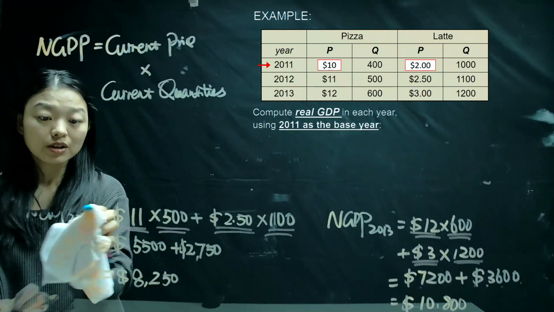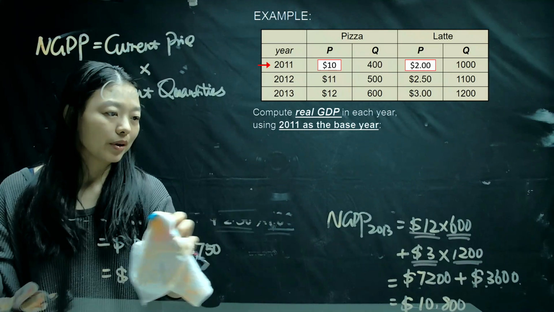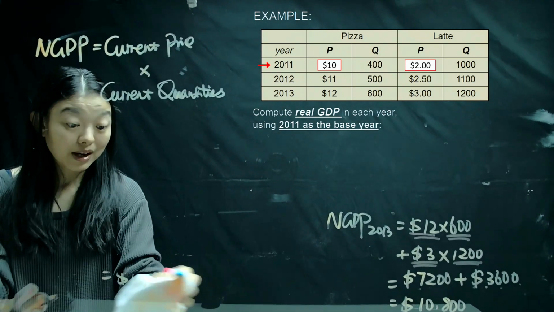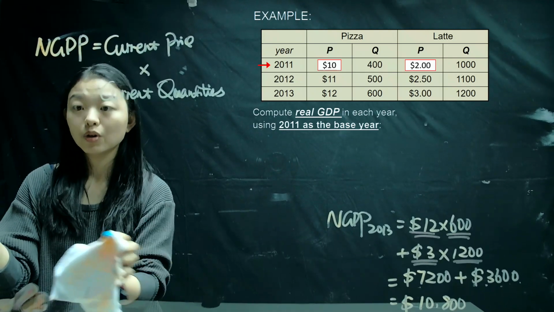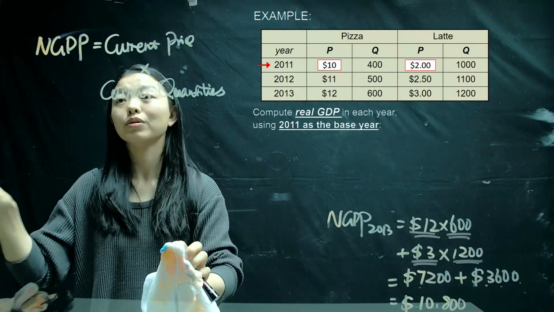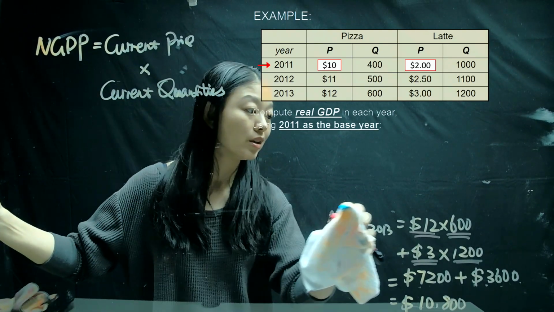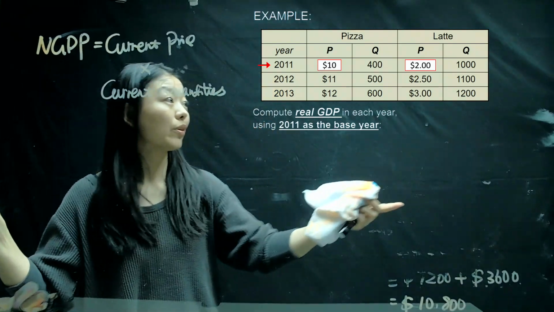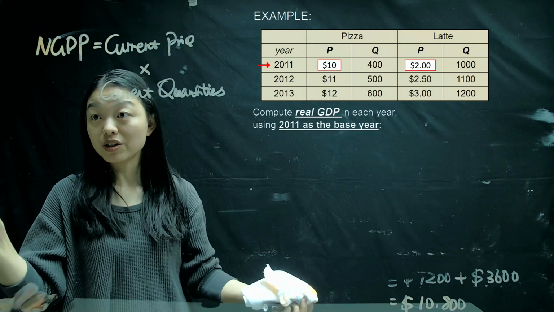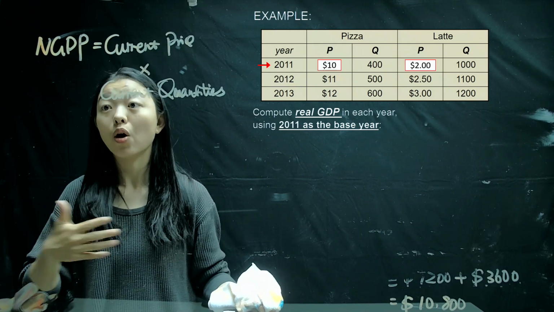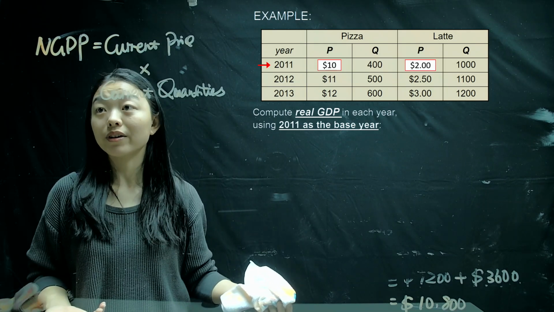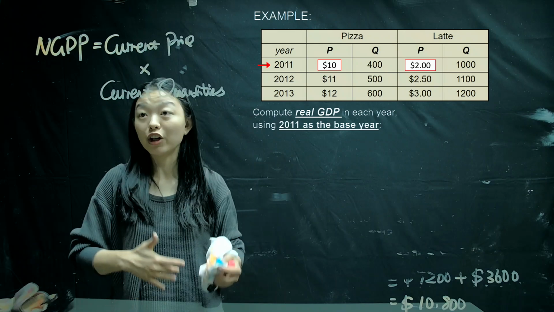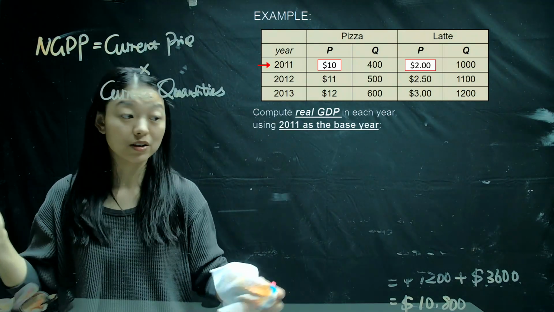In future homework assignments, quizzes, or practice questions, you need to pay attention to which year is the base year, because that changes how we compute real GDP. In this question we use 2011 as the base year, so we compute real GDP based on 2011's prices. If a question uses 2013 as the base year, then you compute real GDP based on 2013's prices.